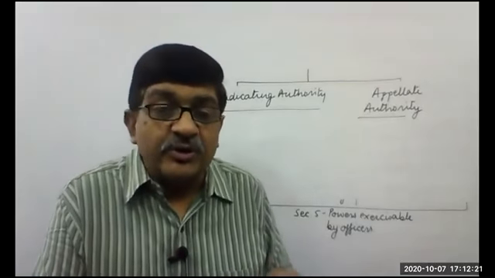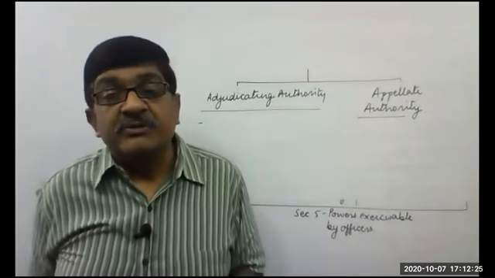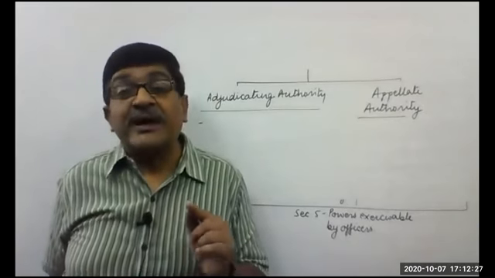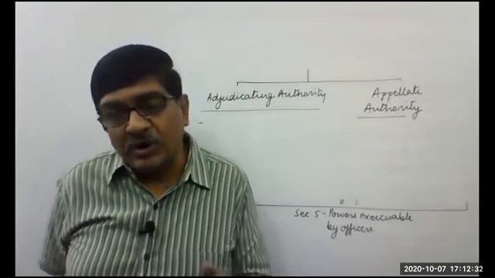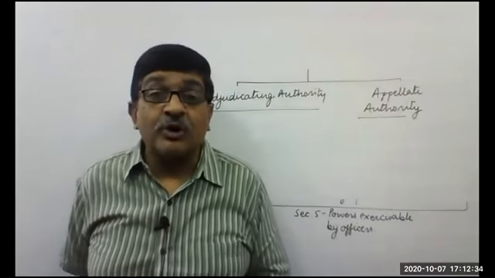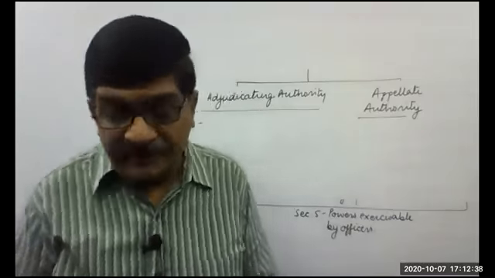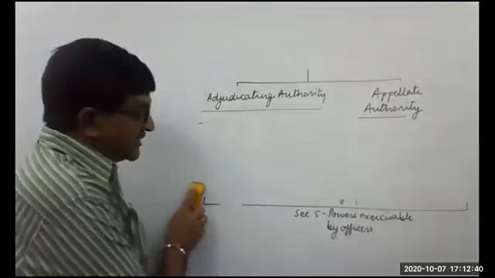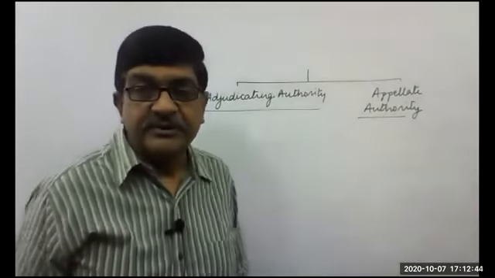So adjudicating authority means the officers who are authorized to take decisions and to pass orders, but only in relation to compliance. Whether there is compliance or non-compliance, orders are generally passed only in relation to non-compliance. There are no orders for compliance. So when they can take a decision and pass an order, they are referred to as adjudicating authority.